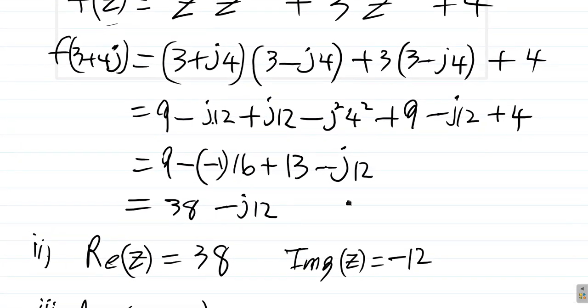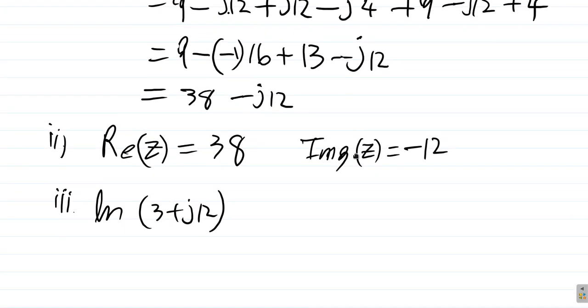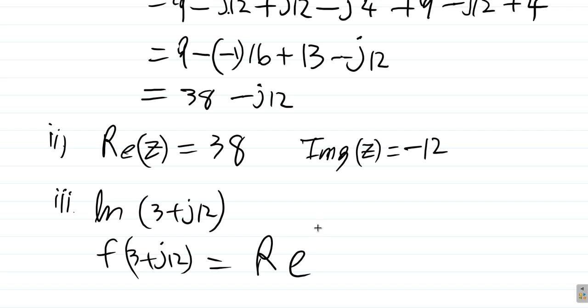Okay, now to find the natural logarithm, remember we're going to write it in exponential form first, right? So the function 38 minus j12, we're going to call it r e to the j theta, and theta will be using radians, alright?